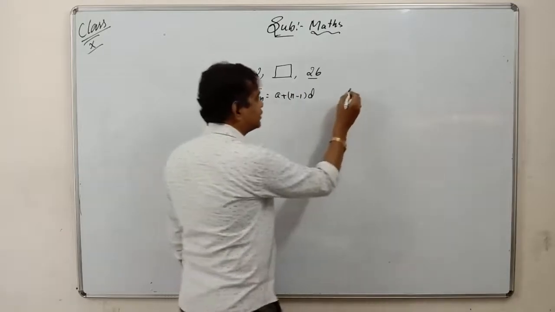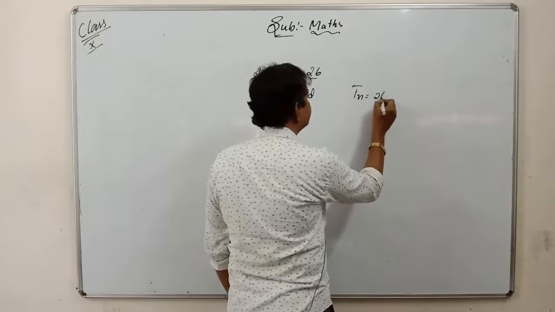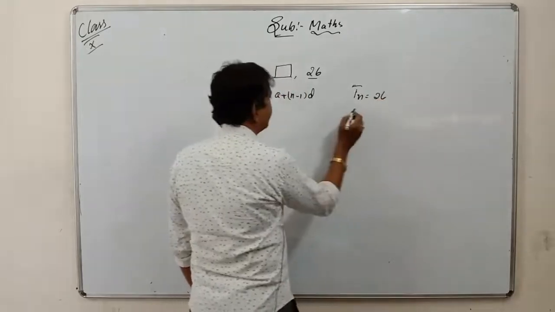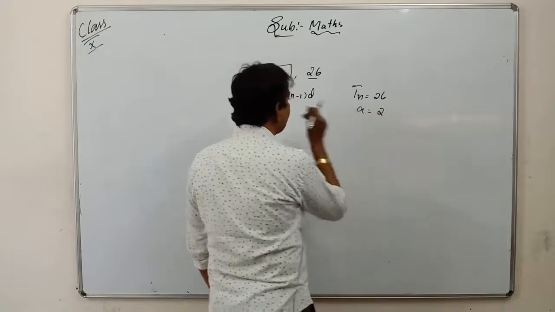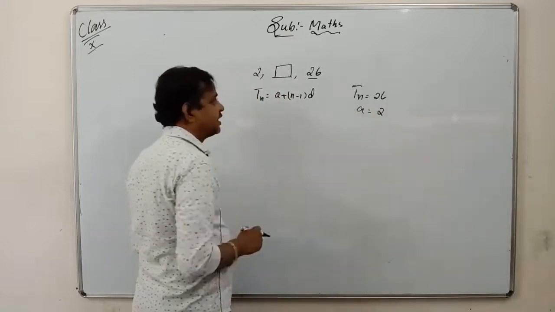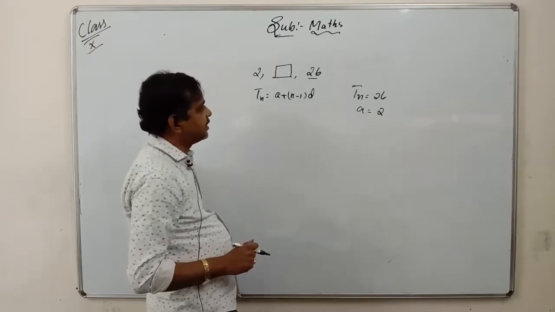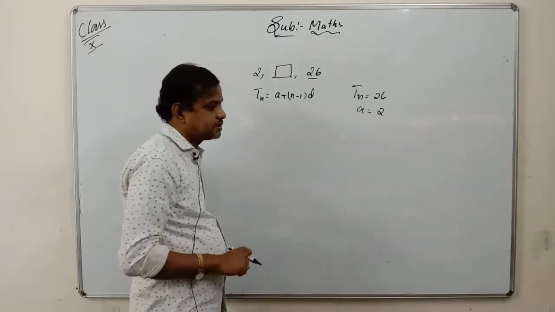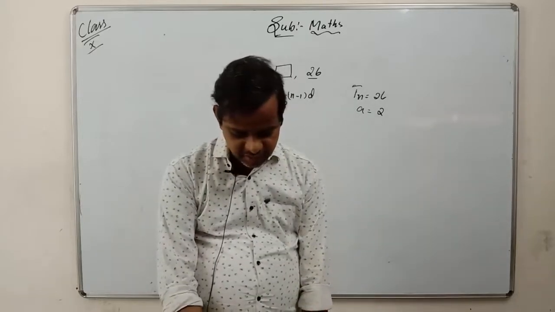So Tn he has given, 26, and the first term he has given, a equals 2. First term is given, last term is given here. First term is 2, last term is 26. Then can you imagine what is given in the last term here?